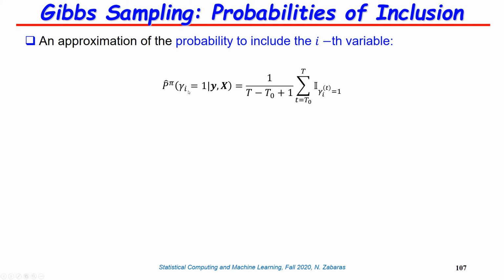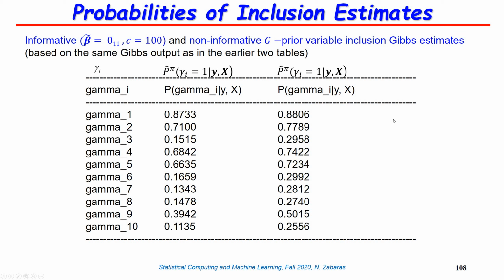And so you can ask what is the probability that gamma i equals 1, and effectively, after a burn-in period of T0, what you can do is take all your samples, look at all realizations of gamma, and see for which ones gamma i is equal to 1, and then take a Monte Carlo average, and that will give you actually the probability of inclusion of a particular variable in the model.